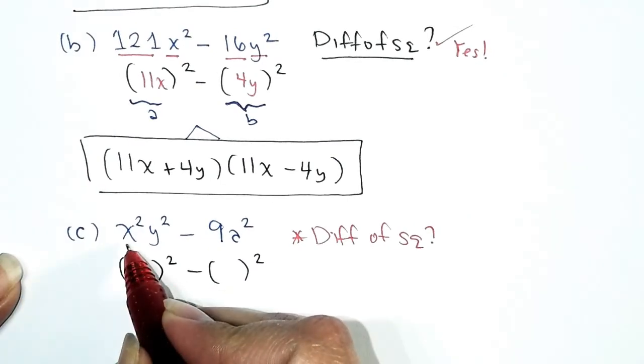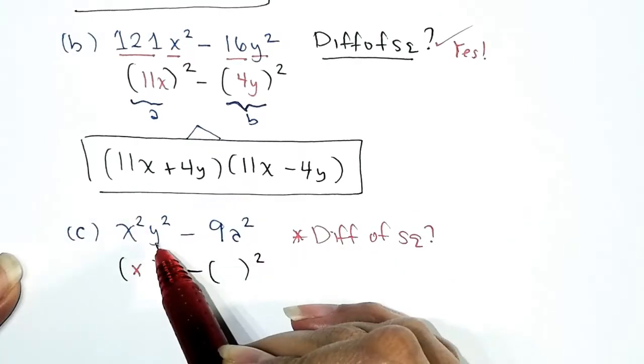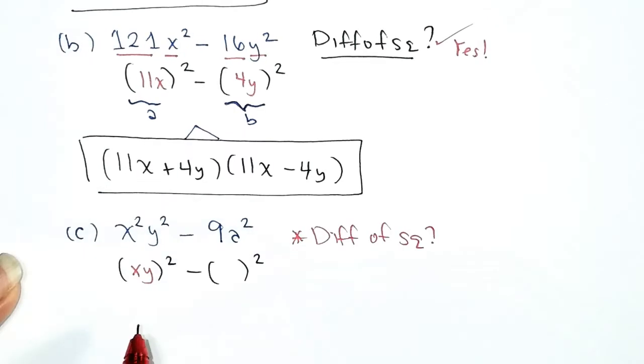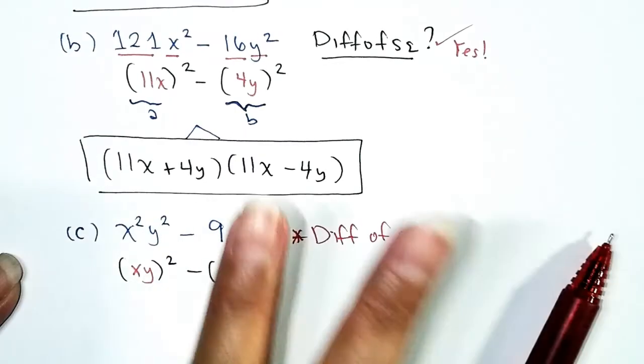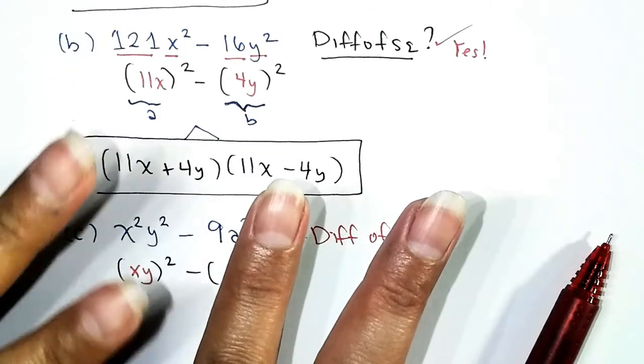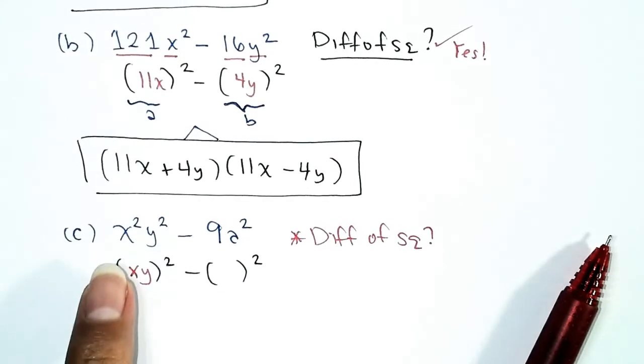X squared is a perfect square because it's the square of x. Y squared is a perfect square because it's the square of y. Okay, so let me check it. Xy to the second power, xy times xy is going to give us x squared y squared. That's exactly what we have. So we got a perfect square in the beginning.